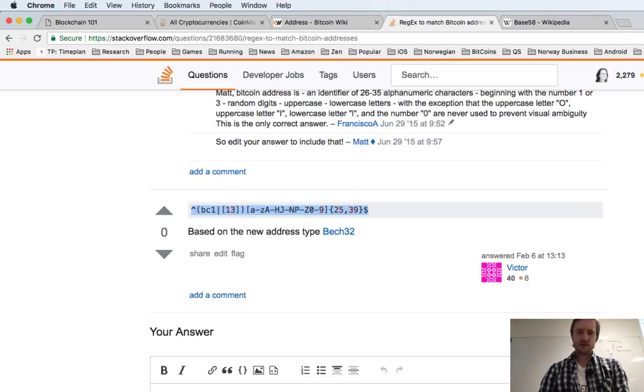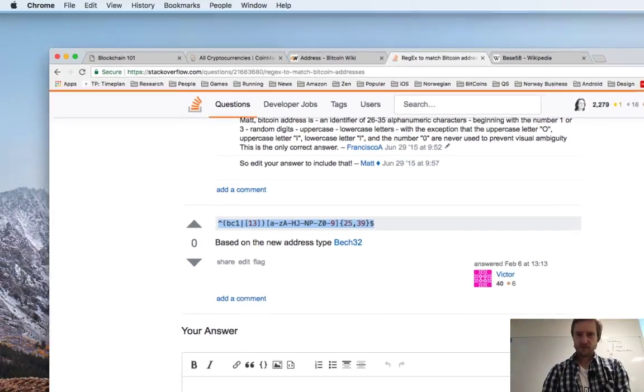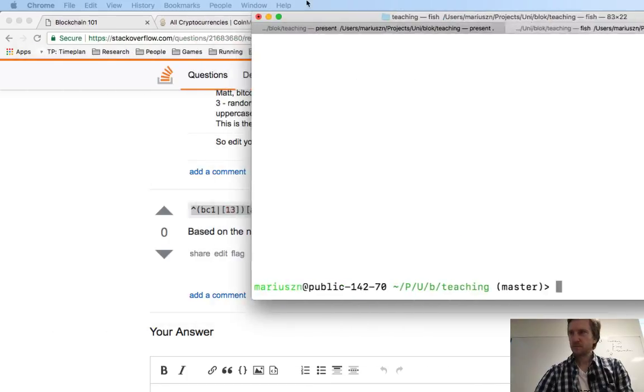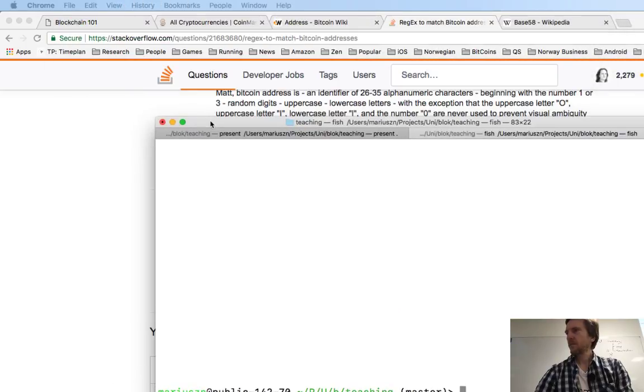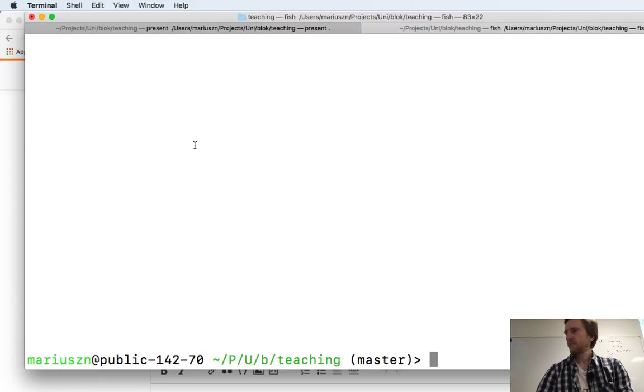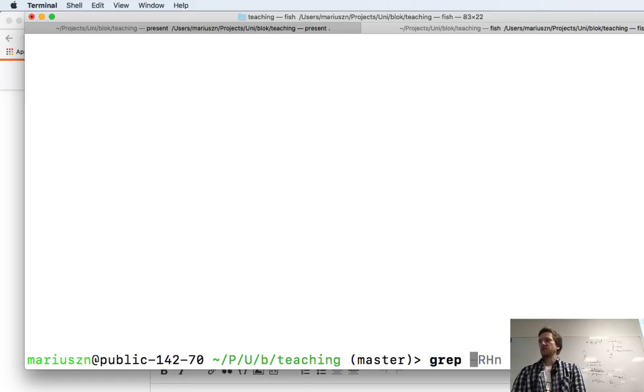So I will drag my console. Okay, so that's my terminal. So I can use grep with the regular expression, and to search my entire hard drive, what would I need to use?